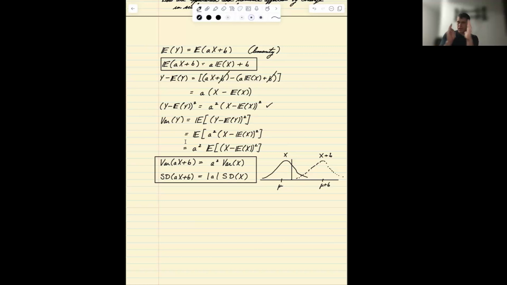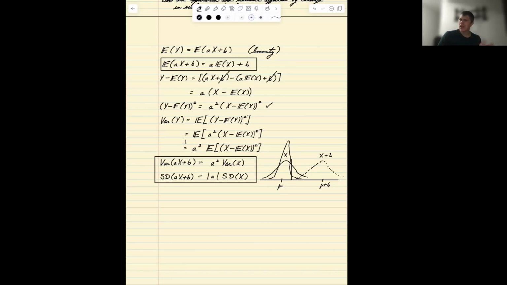The variability around that guess hasn't changed. So the variance hasn't changed. The variance changes, however, if I take X and multiply by some value a, which maybe shrinks it down and concentrates X around the value that it was before.